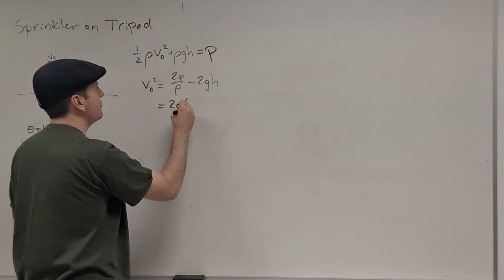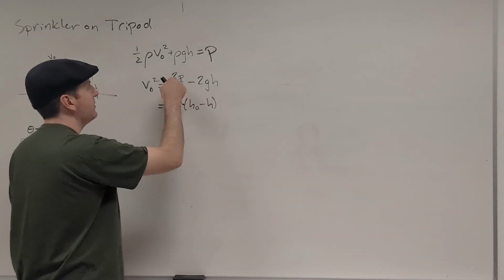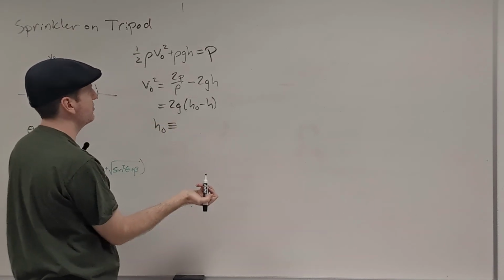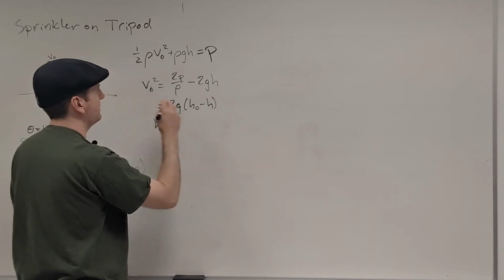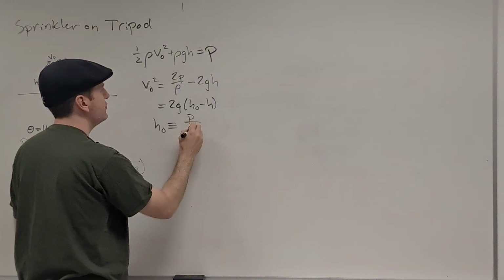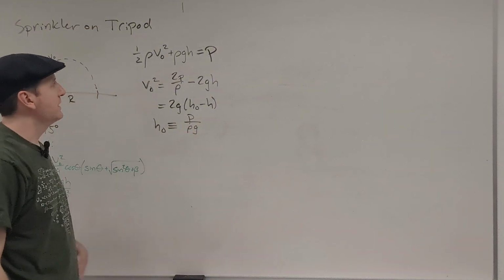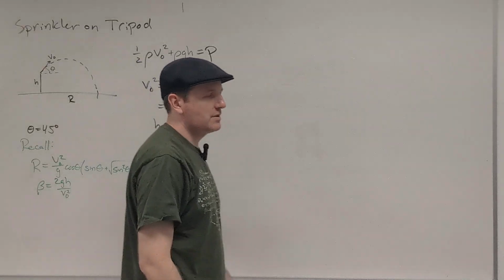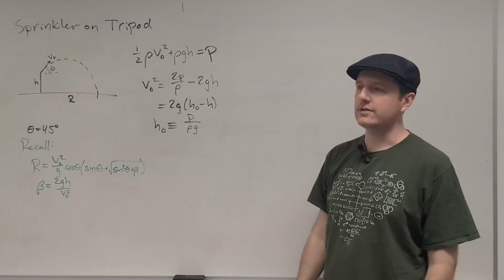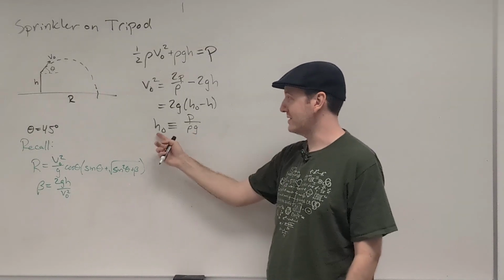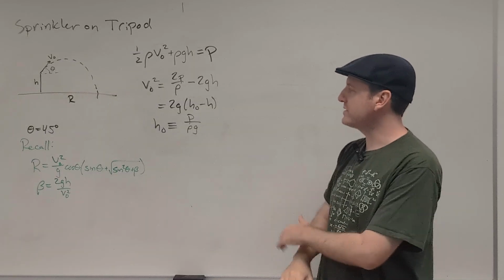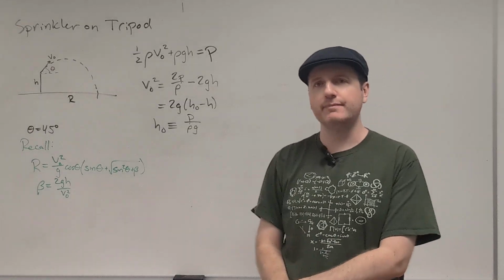I'll go ahead and pull out the 2g, and I'll call this variable h naught, where h naught has been defined as P over rho g. Okay, so this is just some other constant. It's basically turning our pressure, our fixed head, into, well, this is actually where the word head comes from in terms of talking about pressure here. It's basically a height that's related to that pressure.